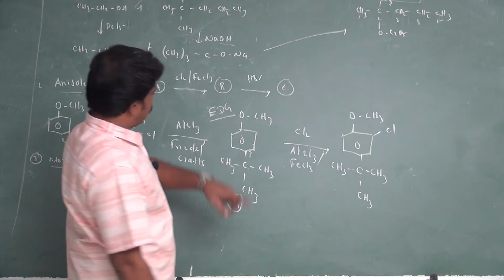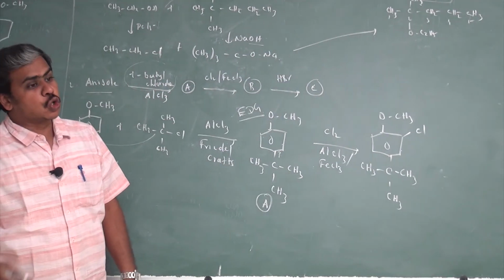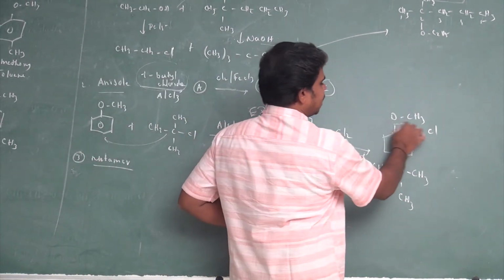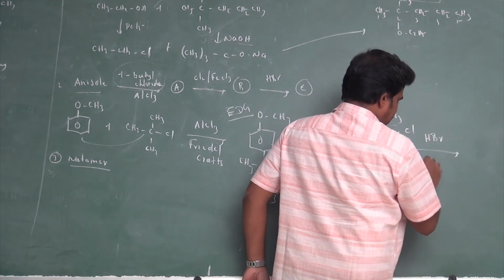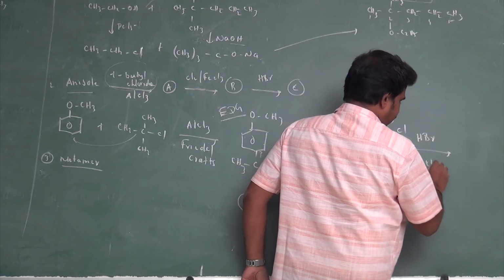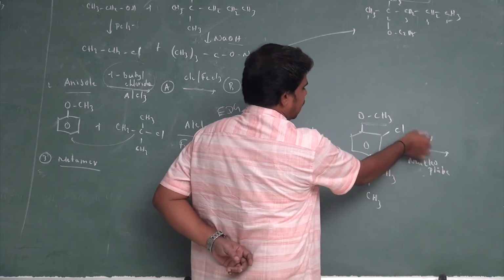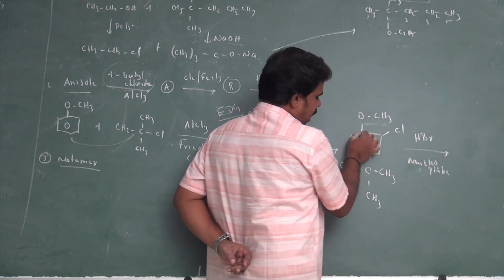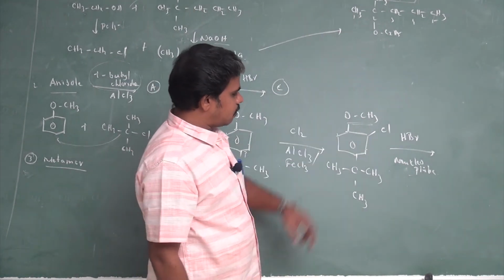Now the third one, it is reacted with HBr, and it is a nucleophilic substitution. Nucleophilic substitution occurs at this OCH3 group. So here HBr, then nucleophilic substitution, so methyl bromide is removed, and this carbon oxygen bond becomes short and strong, so that it cannot be cleaved.